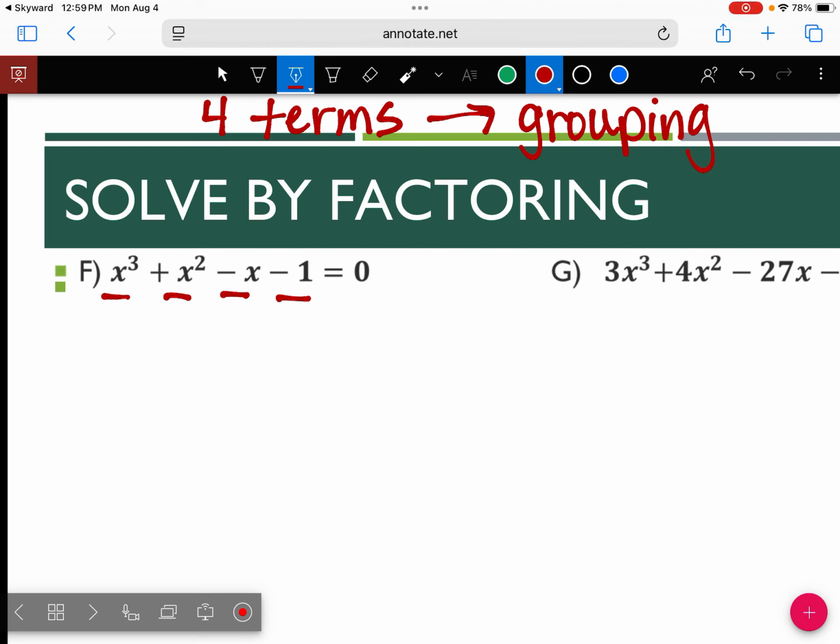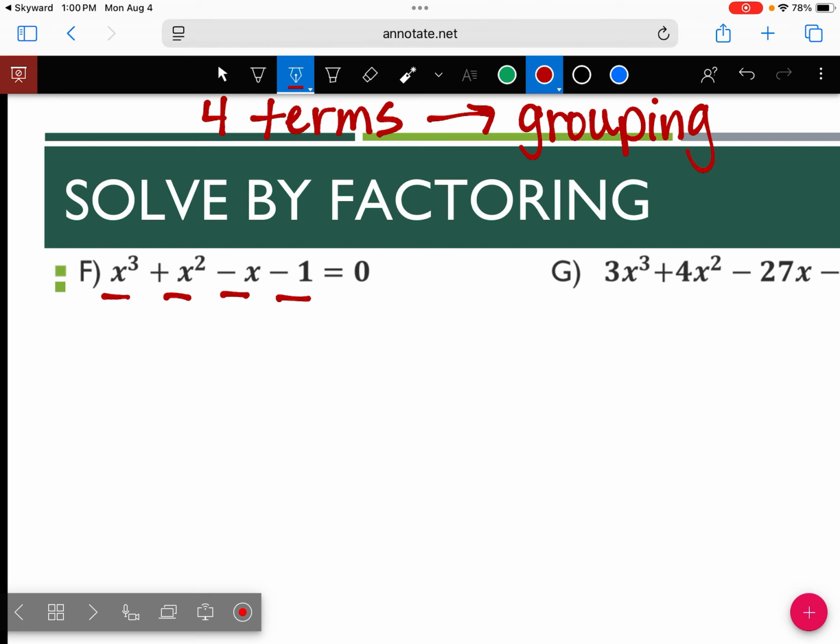Who remembers the grouping method? Isn't that where you make it in order, like 4, 3, 2, 1? Or is that something else? I'm trying to think.